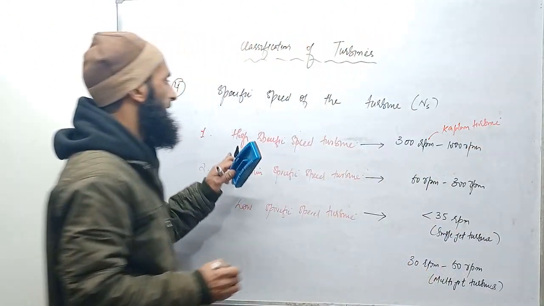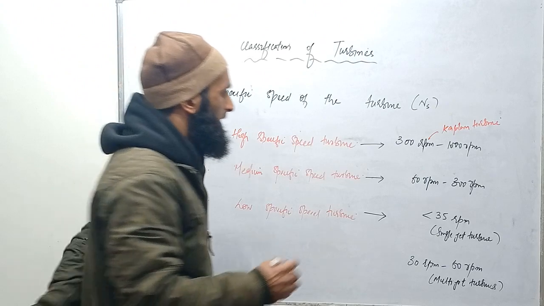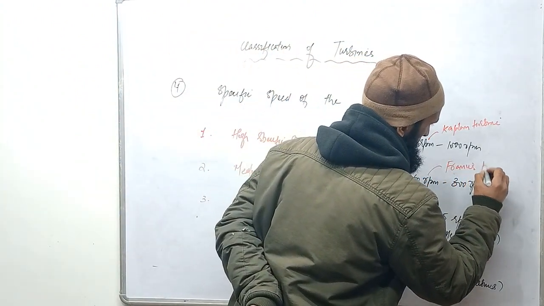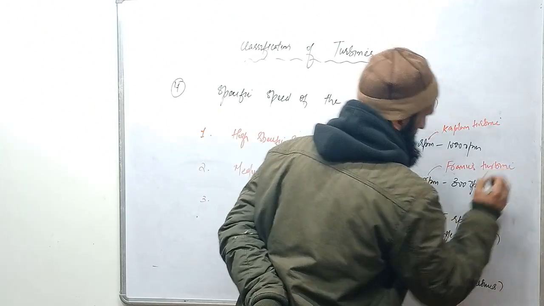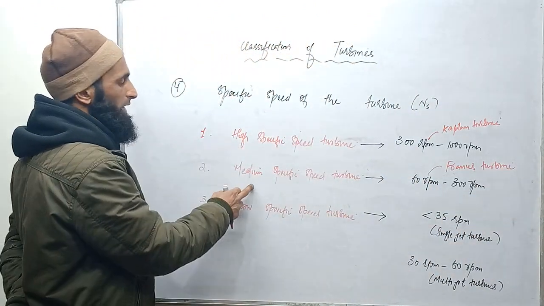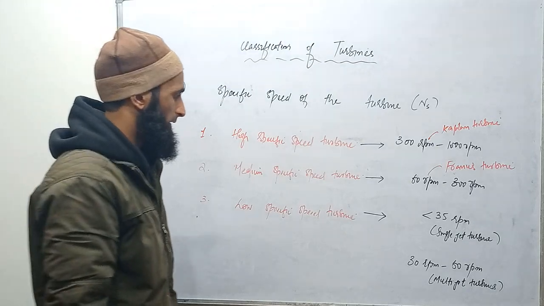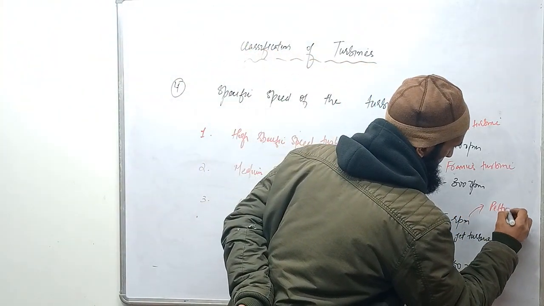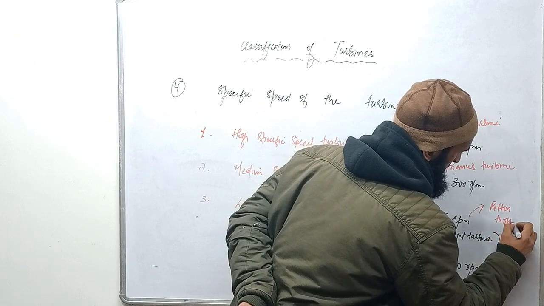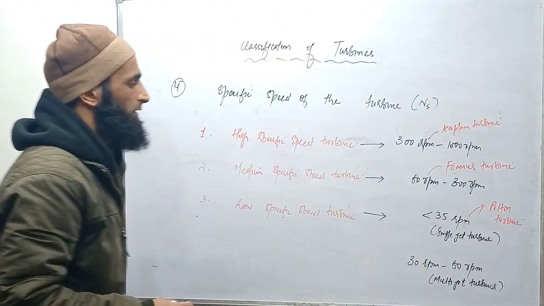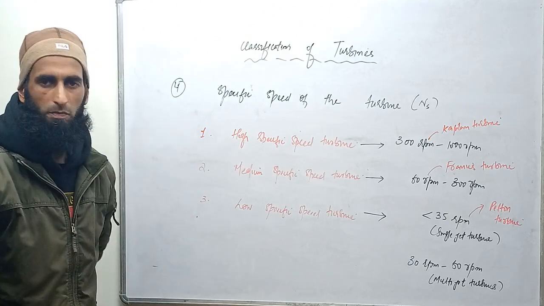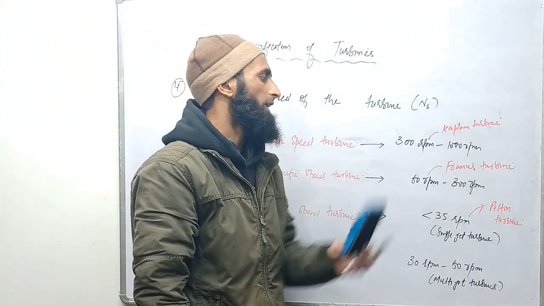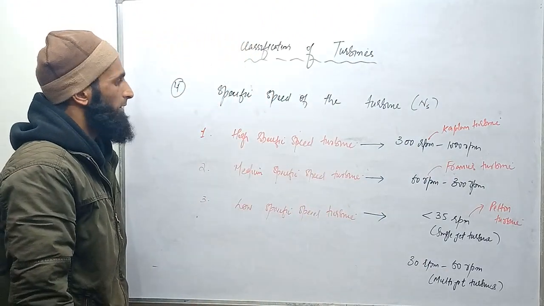Kaplan turbine is the high specific speed turbine, Francis turbine is the medium specific speed turbine, and Pelton turbine is the low specific speed turbine. These are the examples which we need to remember.